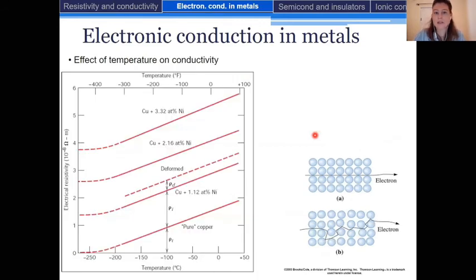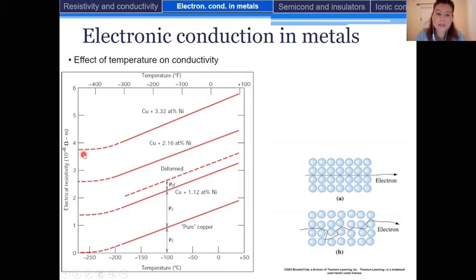Now let's talk about the effect of temperature on conductivity in metals. So we could expect that the electrical conductivity would increase with the temperature. Let's see what is occurring. So here in this graphic, you have the evolution of the electrical resistivity with the temperature.